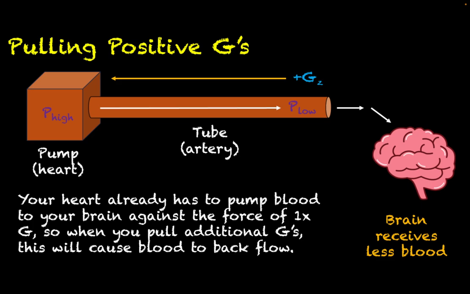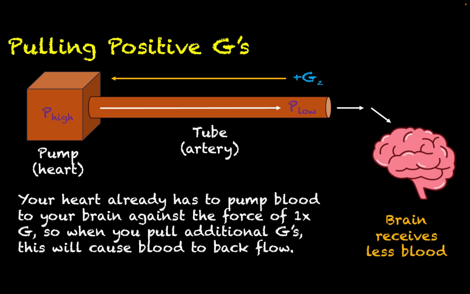So when you're pulling positive G's, you are adding gravitational forces onto the normal Earth's gravitational force that is already there. And this gravitational force is pointed in the opposite direction from that blood flow going to your brain. So your heart already has to work hard to pump blood to your brain against the force of 1 G.